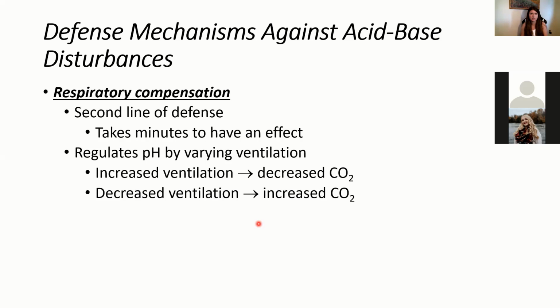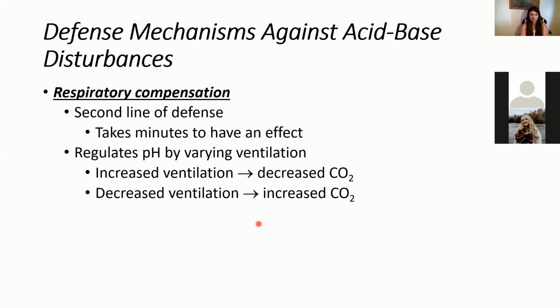Our respiratory compensation is the next fastest, but this is going to take a couple minutes. So buffering is almost instantaneous, almost automatic. But if we have a bigger problem than the amount of buffer in our plasma or in our cells can handle, we're going to need to change something through our organs.